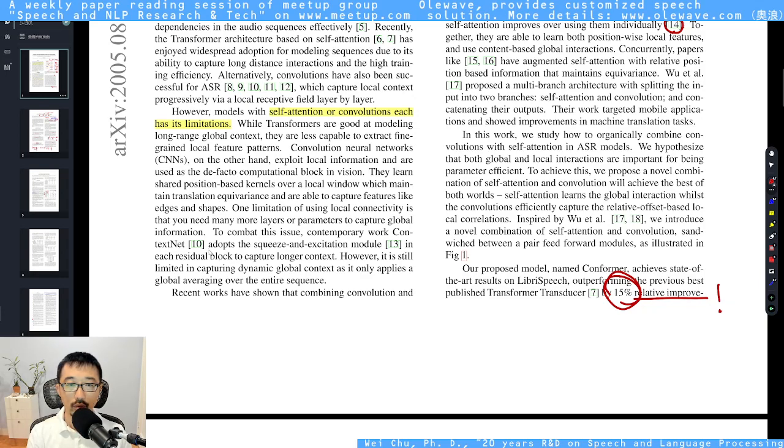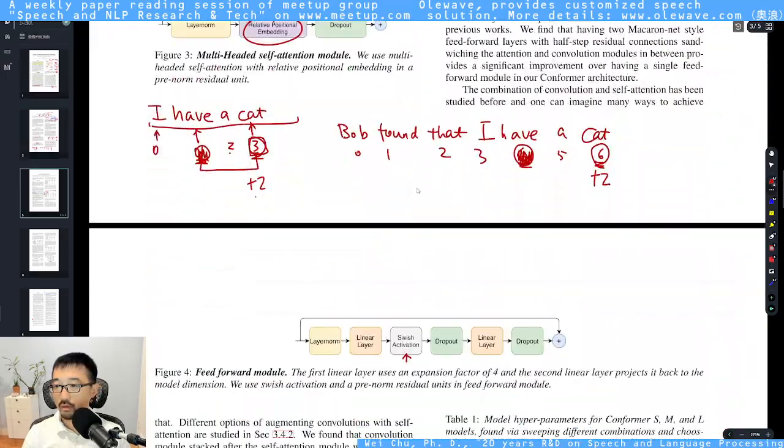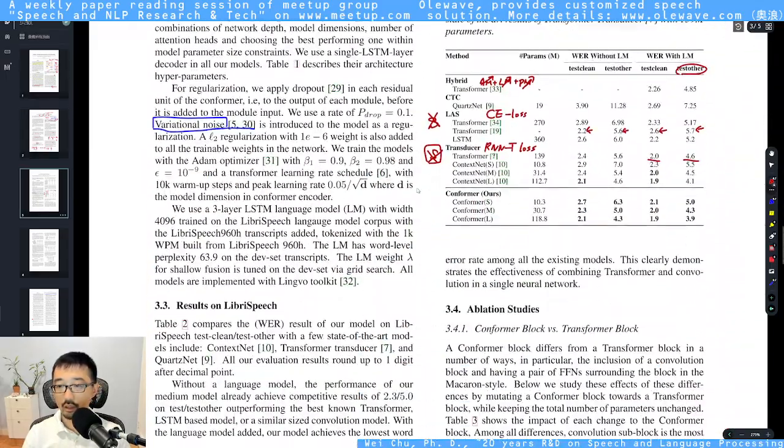They adopt the squeeze and excitation module in each residual block to capture longer context. So the context is longer, okay? This is why they call it ContextNet.